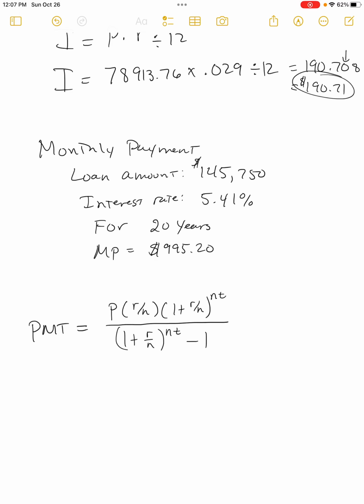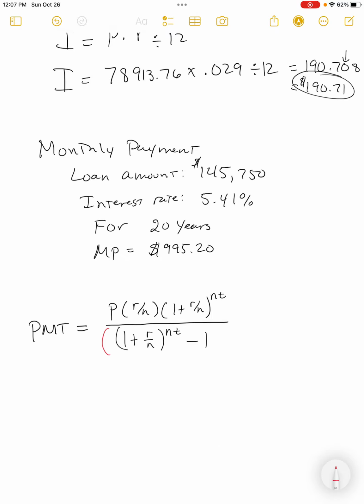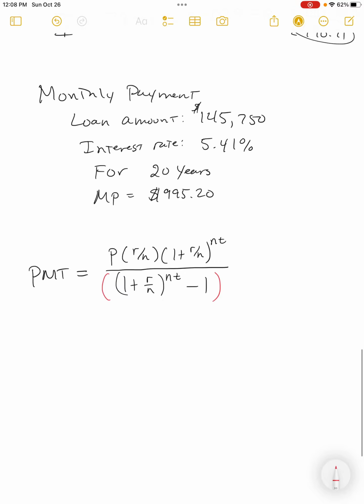This is the formula that they have. There's one addition that I want to put in, and I want to highlight it by putting it in red. If I put in these parentheses right here, it makes it completely doable where I don't have to compartmentalize it in my calculator. I can just type it in as one big thing.